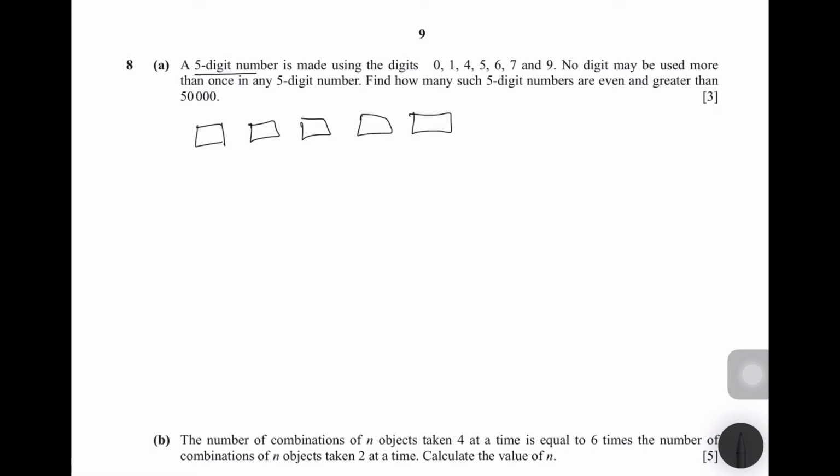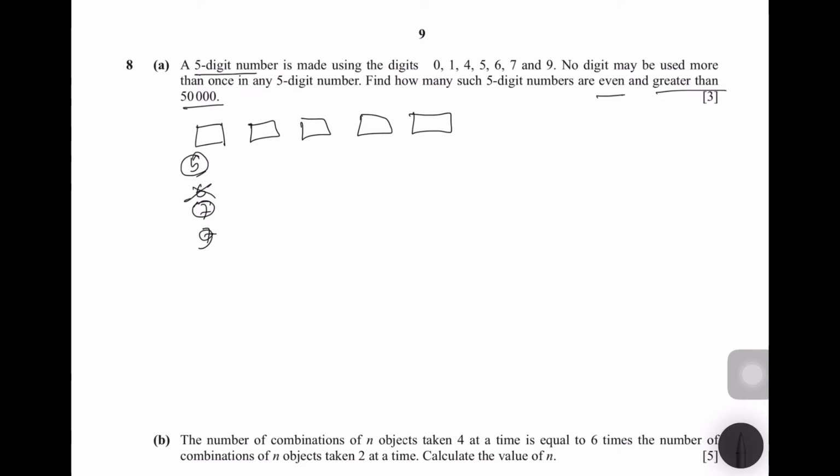Find how many 5 digits numbers are even and greater than 50,000. So this first place can be filled up by 5, 6 and 7 and 9. Okay, so let me consider for 5, 7 and 9. Let me cross it first.